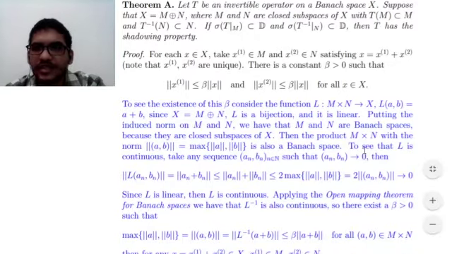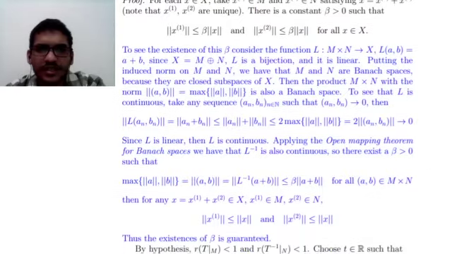To see that L is continuous, take a sequence (an, bn) that goes to 0. Then you have this. We are proving some properties of the operator L to use the open mapping theorem, okay?